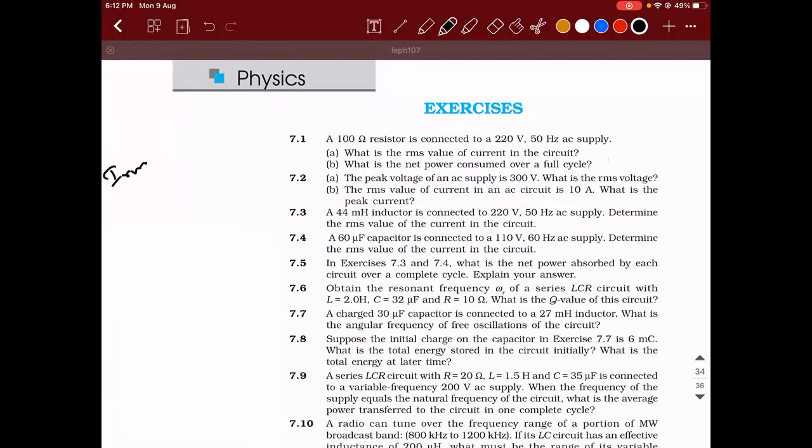So IRMS is equal to VRMS divided by XC. So XC will be equal to 1 by omega into C, where f is 60 hertz. So take all the values and substitute them. This 110 volt is the RMS value. By substituting, you will get the required answer.